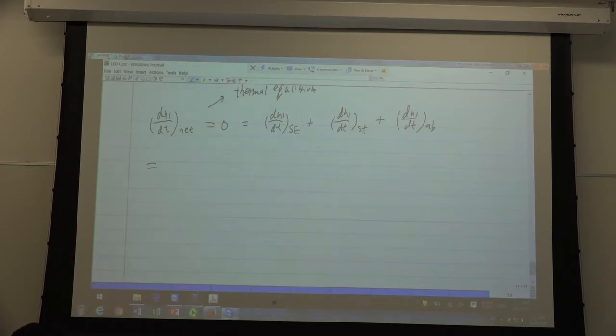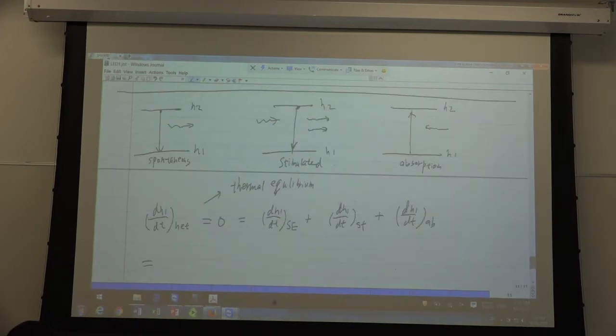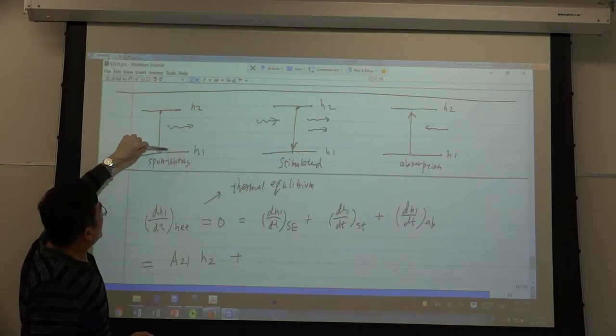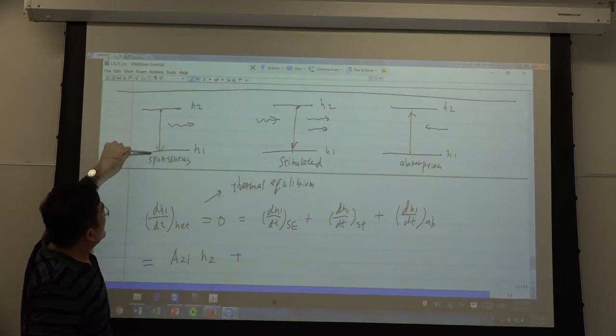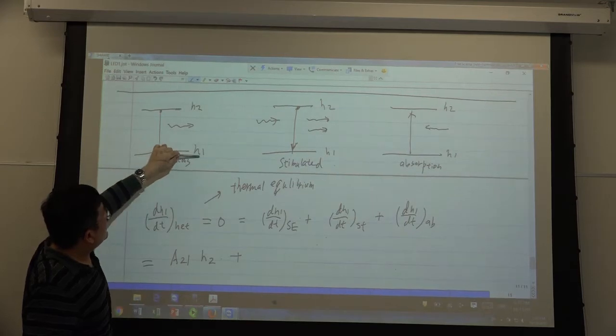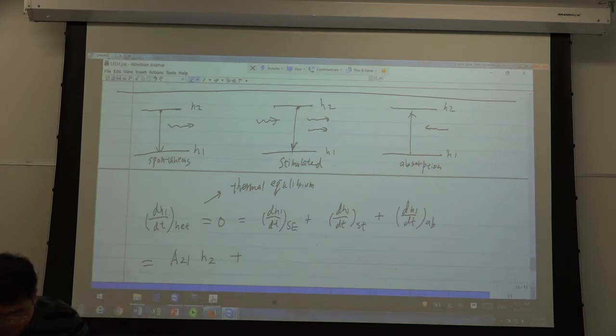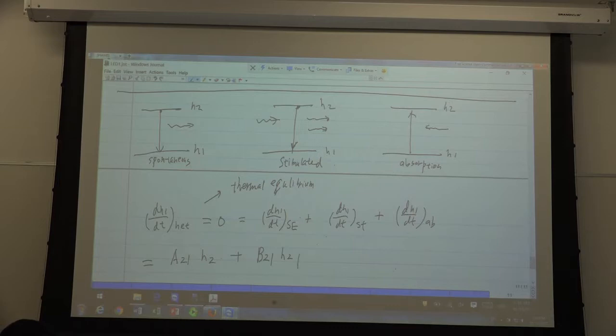How about the first part? For spontaneous emission, we just add a coefficient A21 and n2, because going down it increases the number of atoms at the ground level. For stimulated emission, it adds a B21 coefficient, n2, and rho.